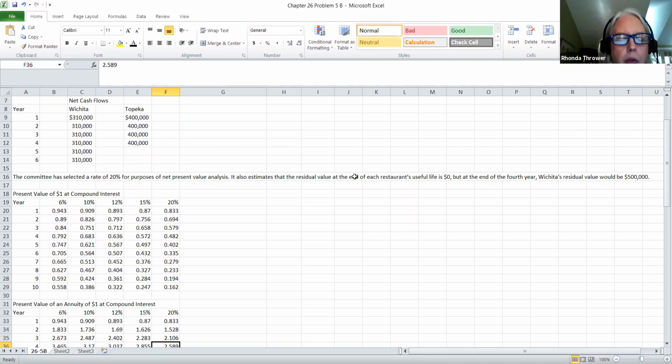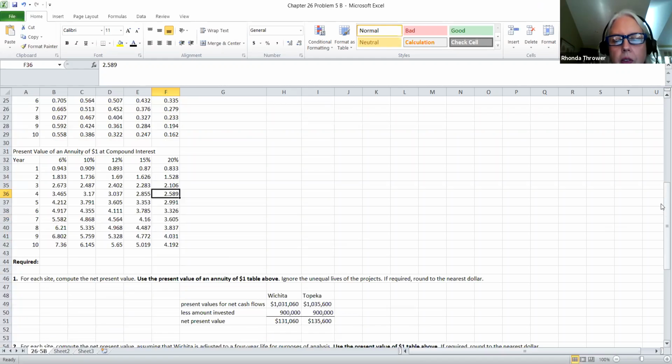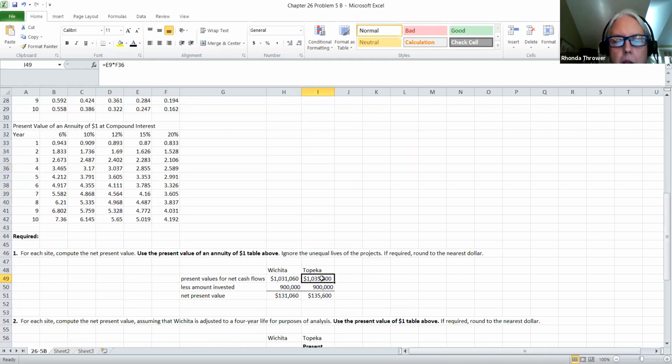So 400,000 times 2.589 is how we get the present value amount for the Topeka restaurant. We're going to compare that to what it cost us, and the difference is the net present value. Notice the net present value for Topeka is larger. So if we were just evaluating based on number one, we would say Topeka is the type of asset that we would use.